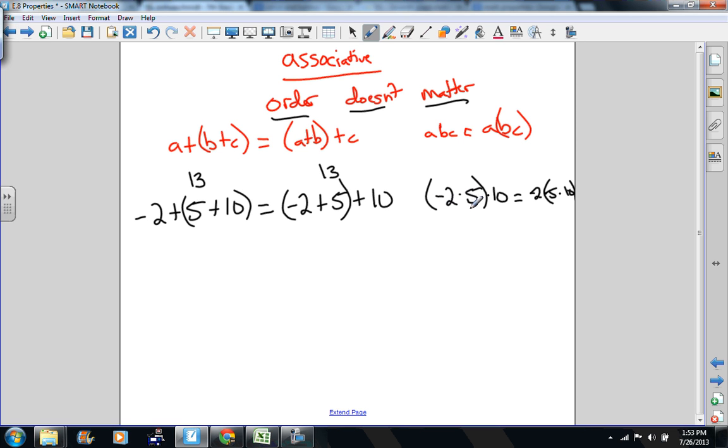Negative 2 times 5 is negative 10. Negative 10 times 10 is negative 100. And on this one, I have 5 times 10 is 50. 50 times negative 2 is negative 100. The associative property, order doesn't matter. Only on addition and multiplication, okay?